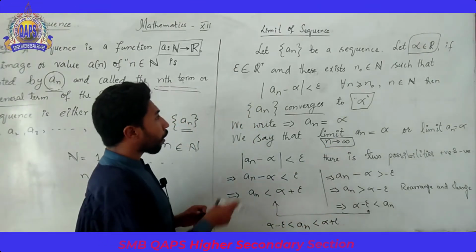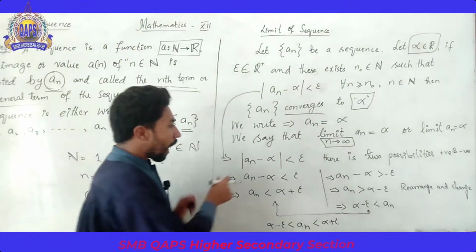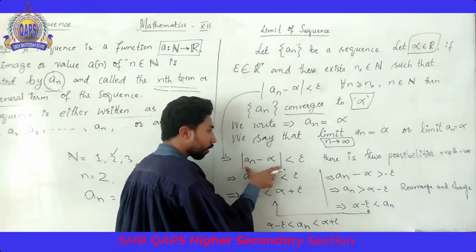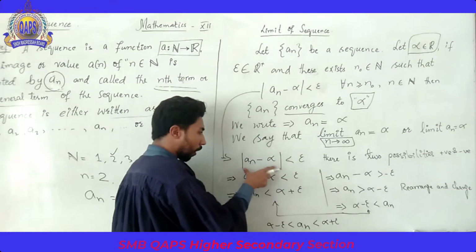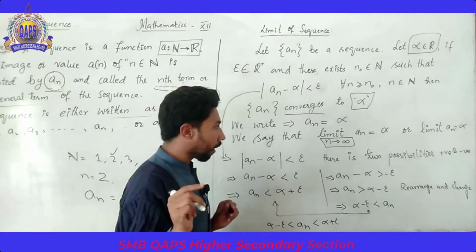So there are two possibilities from this. For |a_n minus alpha| less than epsilon, when we solve the modulus function there are two possibilities, positive and negative.